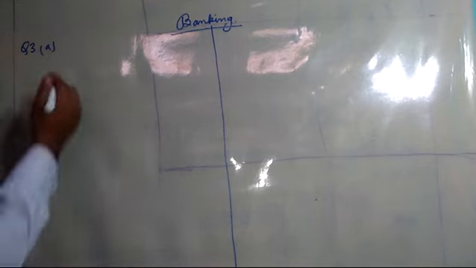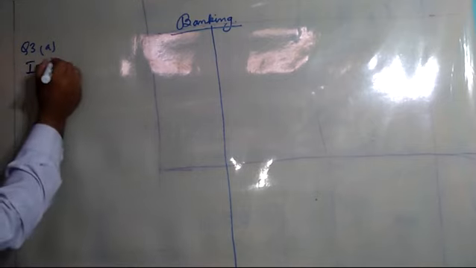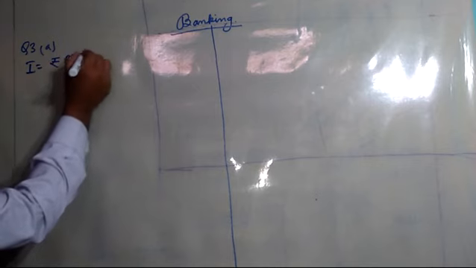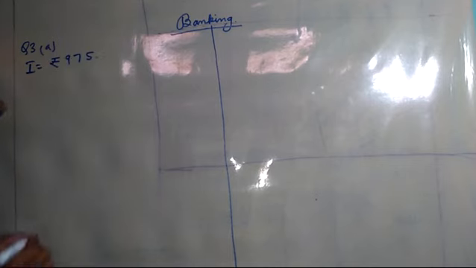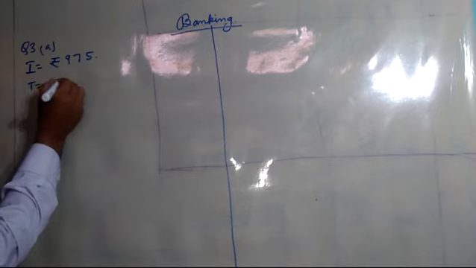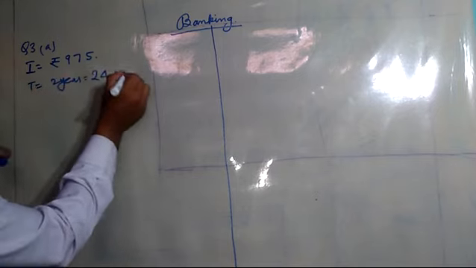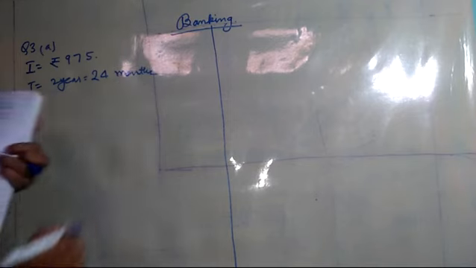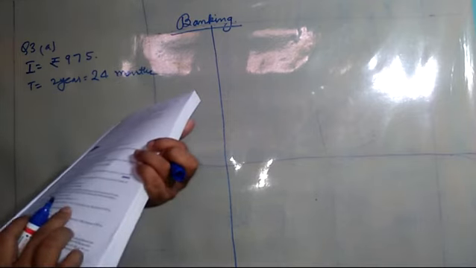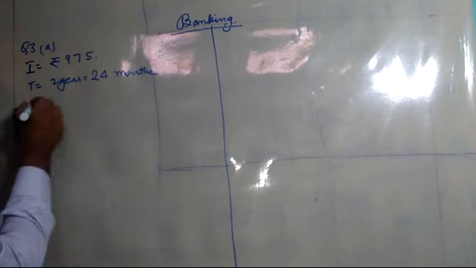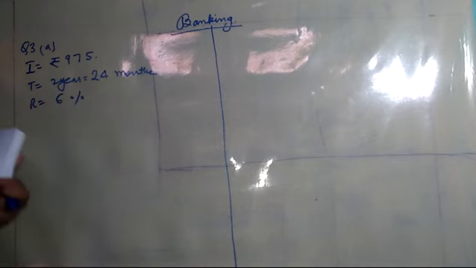That means here interest is equal to rupees 975. Then time is given 2 years, which will be equal to 24 months. And then you have rate of interest is equal to 6%.